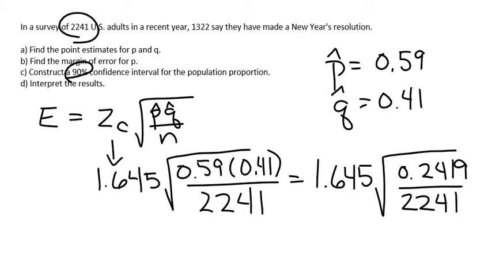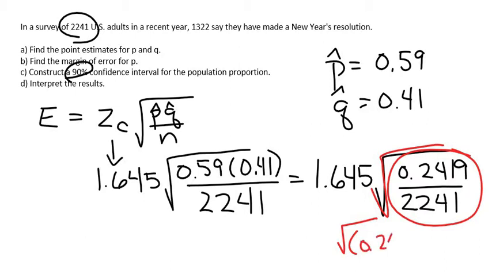Now when I enter this calculation into my calculator, I get a very, very small number. So I'm just going to enter in the square root of 0.2419 divided by 2241 all into my calculator at the same time. Depending on your calculator, sometimes the square root sign will start with a parenthesis. So make sure you enclose all of that in the parentheses.